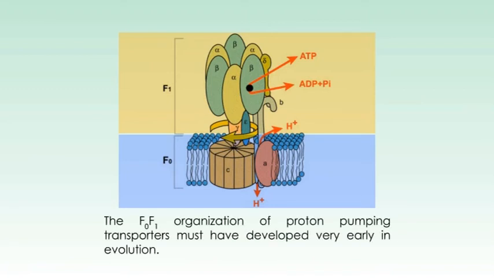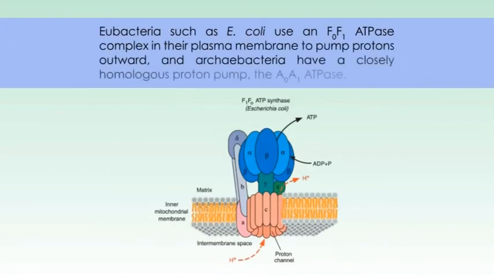The F0F1 organization of proton pumping transporters must have developed very early in evolution. Eubacteria such as E. coli use an F0F1 ATPase complex in their plasma membrane to pump protons outward, and archaebacteria have a closely homologous proton pump, the A0A1 ATPase.